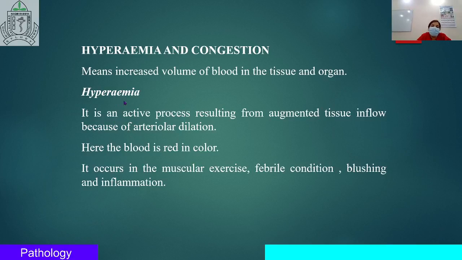Hyperemia is an active process, congestion is a passive process. In hyperemia there is augmented tissue inflow. In congestion, there is decreased tissue outflow. In hyperemia, there is arteriolar dilatation. In congestion, there is venous obstruction.